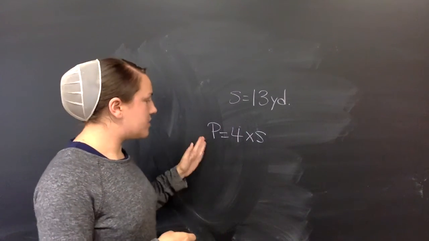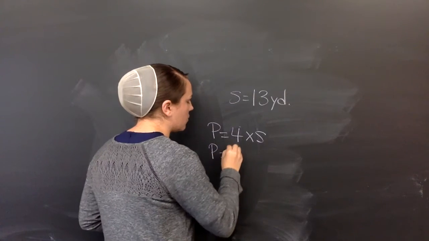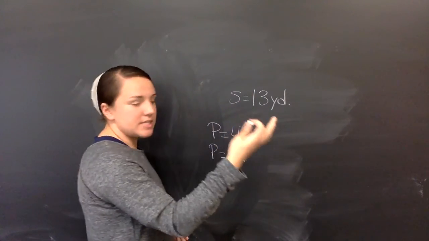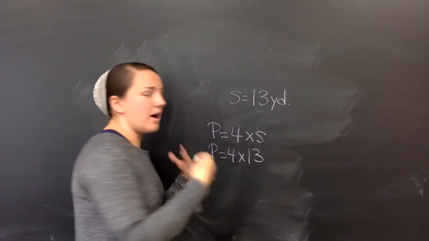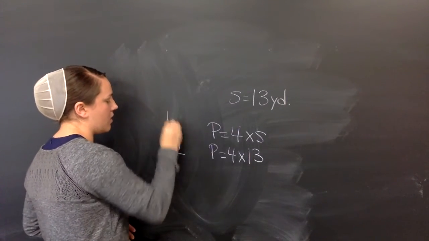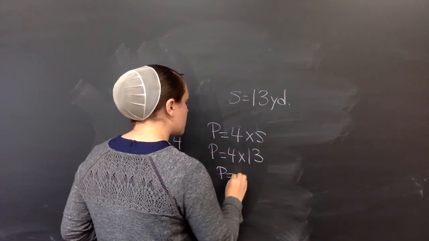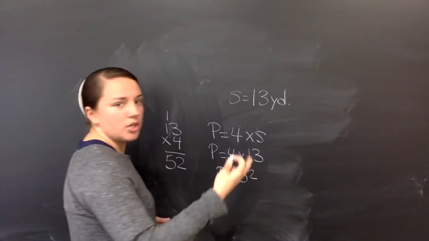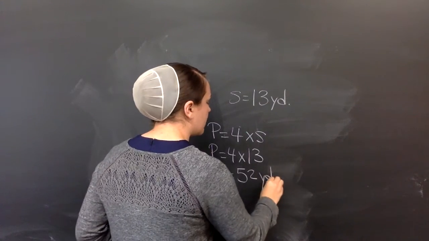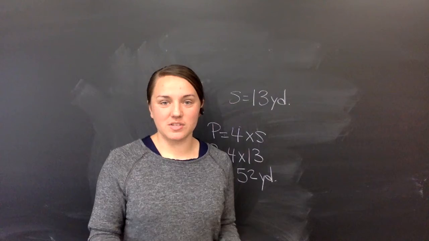So the perimeter, we just go 4 times S. P equals 4 times 13. Now 13 times 4, so let's go ahead and work that. And we have 52. Now the perimeter equals 52 yards. Remember to write your label. 52 yards is the distance around the square.